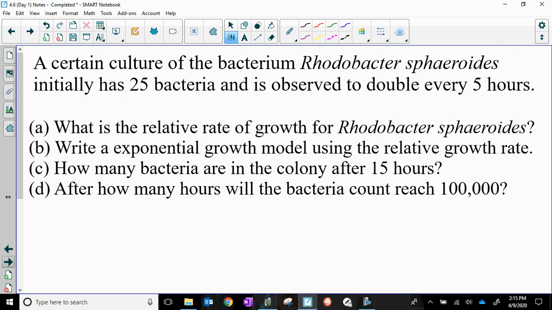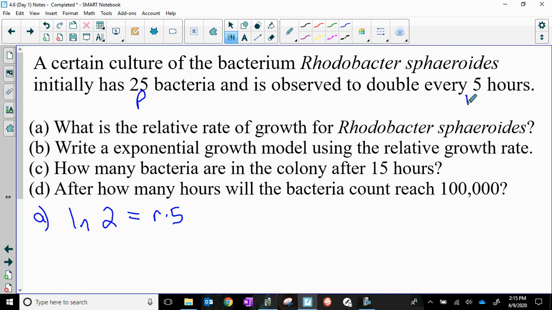I just need to find P, the initial amount, which was given to me, and I need to figure out my growth rate. So I need to find out R. So to do part A, I know in this problem, it doubles, telling me my ratio is 2.